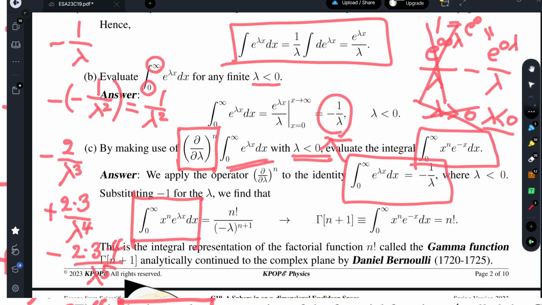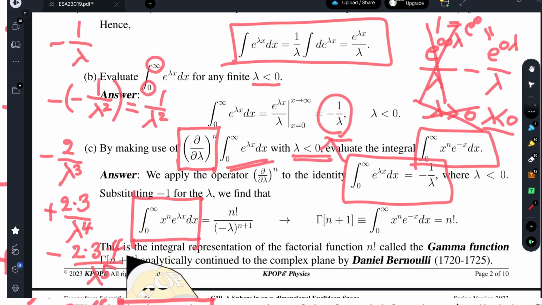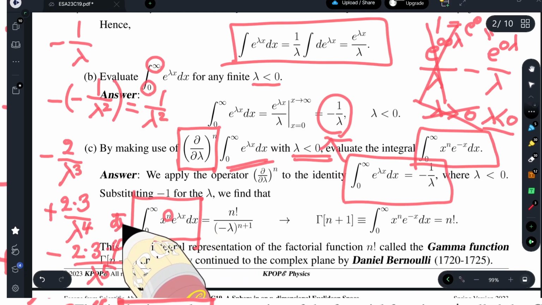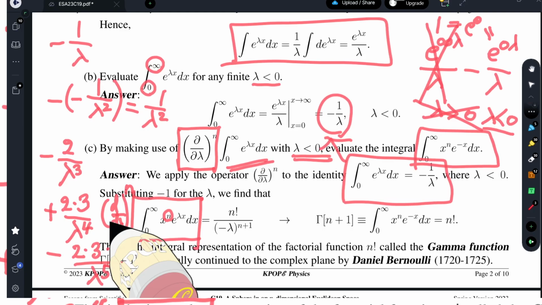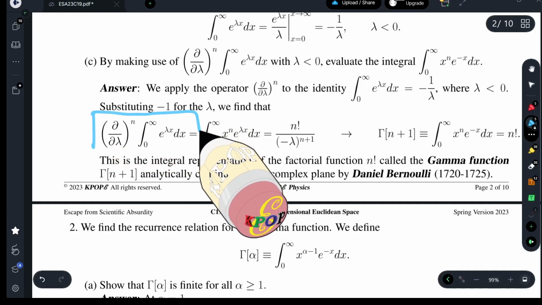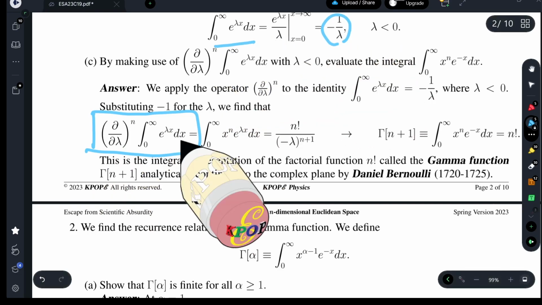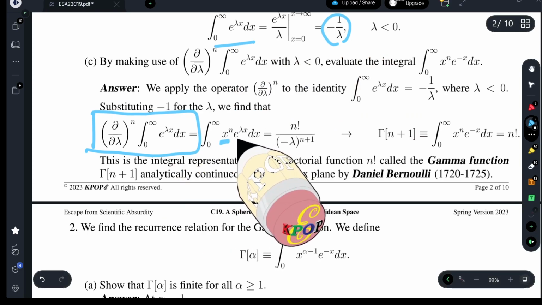The result is, after the first, second, third, fourth, nth order derivative, the nth order derivative of this integral is identical to x to the n e to the lambda x.